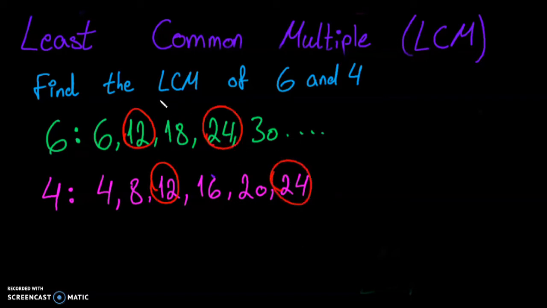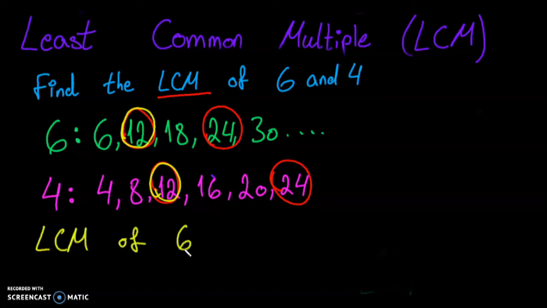But they want the least common multiple. So you take the smallest common multiple, which is 12. So basically, the LCM of 6 and 4 is 12.